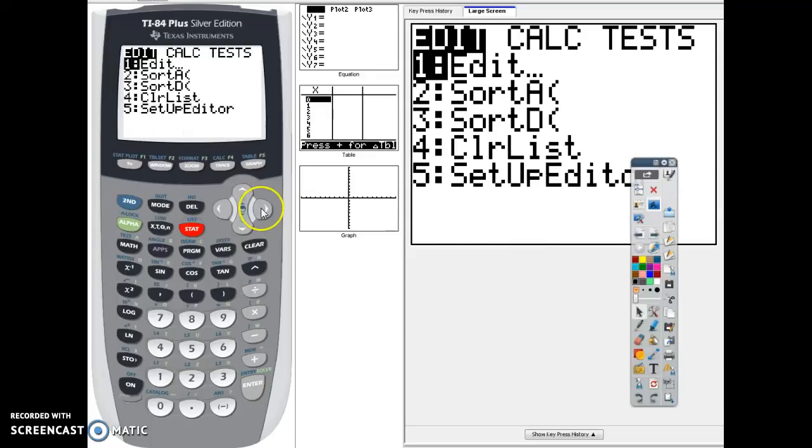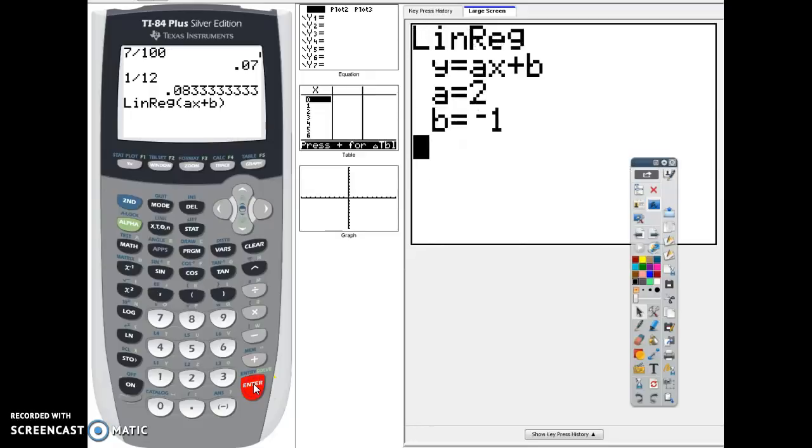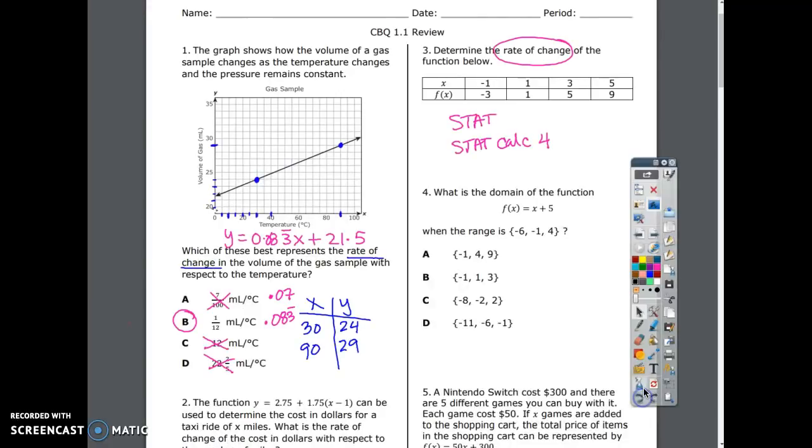Stat, arrow over to calc, press the number 4, enter. My equation is y equals 2x minus 1. Which one is the slope? The 2, the number that's next to the x. So my answer for this problem would just be 2.